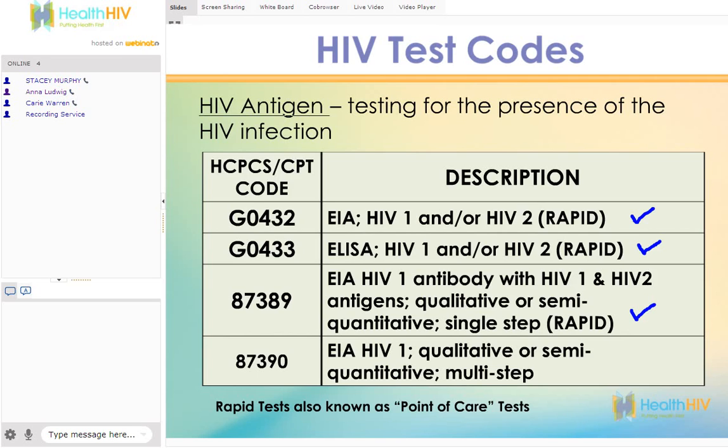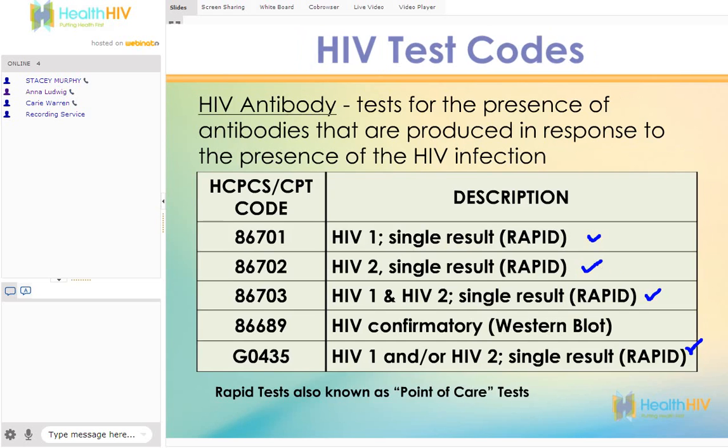For the antibodies, you have your EIAs, your ELISAs. These codes just describe the methodology that was performed using these tests. Depending on what methodology your physician decides to use will determine which test code you would select for the HIV tests that you're going to perform in your office.